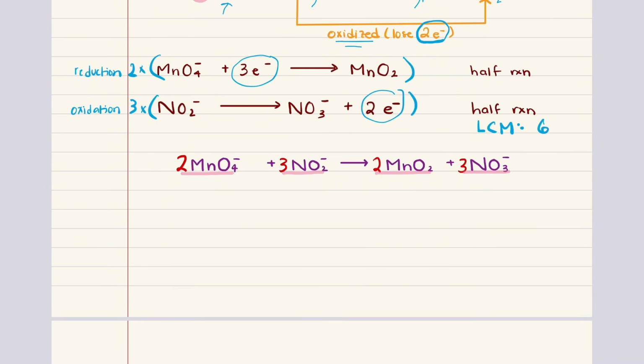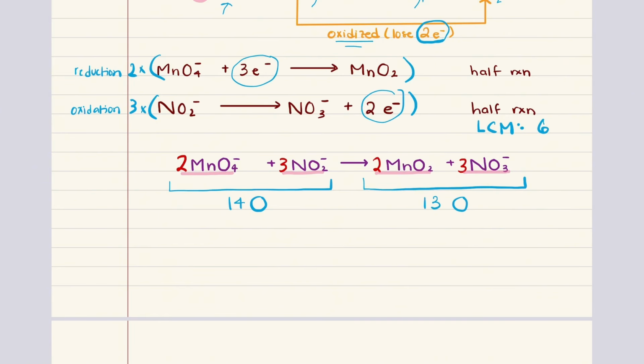At this point, the electron flow is balanced, and both manganese and nitrogen are also balanced. Now we will check oxygen. The left-hand side has a total of 14 oxygen atoms, while the right-hand side only has 13.